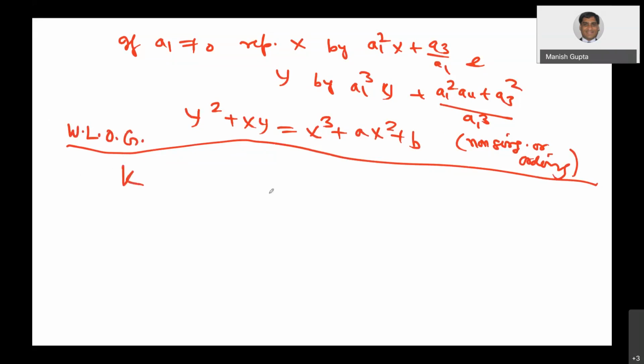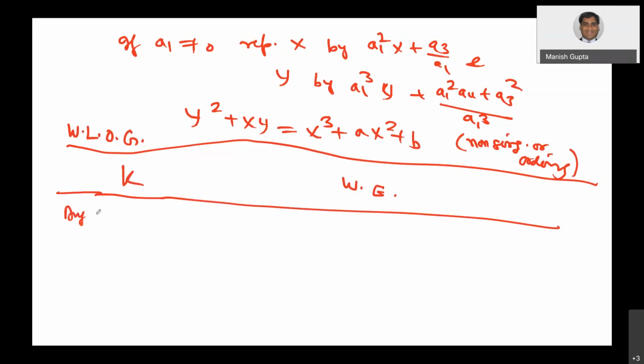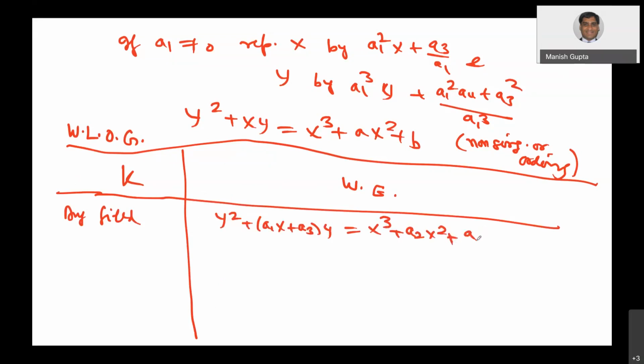This is our field and this is our Weierstrass equation. For any field, the Weierstrass equation is y square plus a1 xy plus a3 y equal to x cube plus a2 x square plus a4 x plus a6.